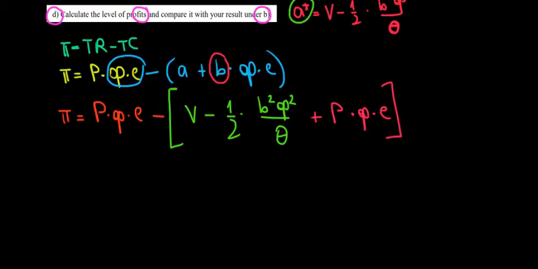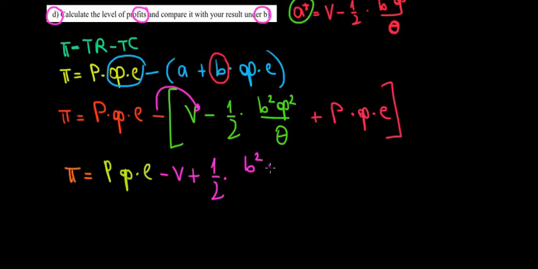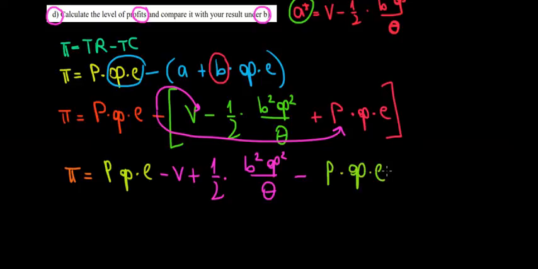Now we close the brackets and let's open everything. Let's get rid of the brackets. Profit is equal to price times theta times E, so P times theta times E, and now we have minus minus makes it into positive 1/2 B squared theta squared divided by theta, and then minus the other term, P times theta times E. What do we notice?